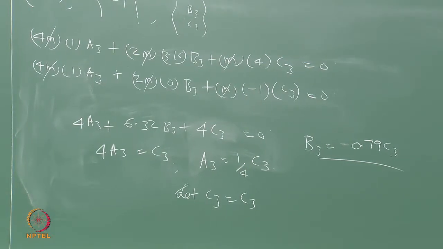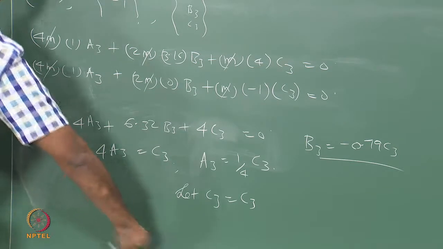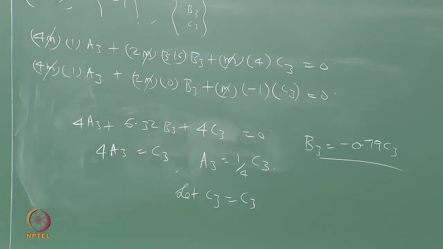Okay. So, I can now generate this in a matrix form. I will retain this multiplier, I will remove this.